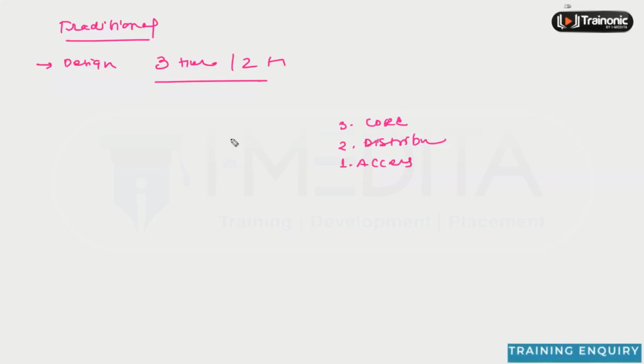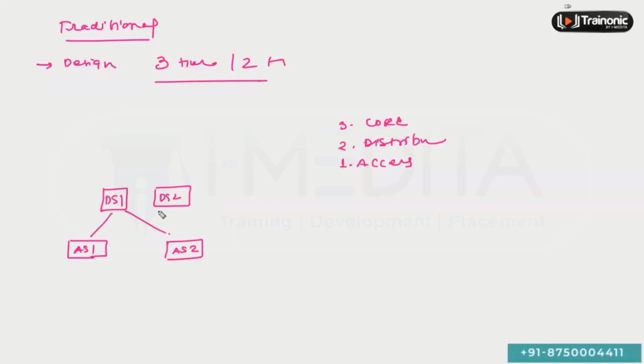Now, we used to have these devices, like we have one switch, let's call it access layer switch 1. We have one more switch, let's call that access layer switch 2. We have a few switches here, like distribution layer switch 1, distribution layer switch 2, and we used to connect it in this way. Access layer switch 1 is going to be connected with distribution layer switch 1 and 2.